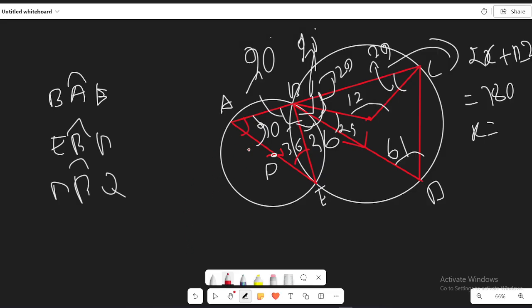So, how do we figure it out? Okay, we have a trick situation. What information do we know? We know that this total angle here is 90. That's 36. So it's 180 minus 90 minus 36, 54. BAE is 54.